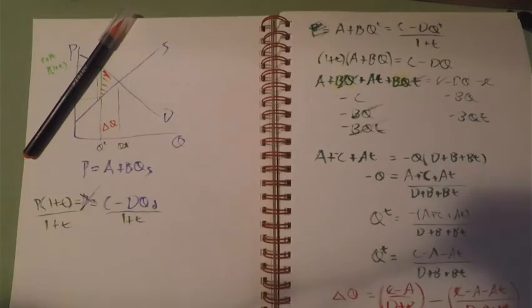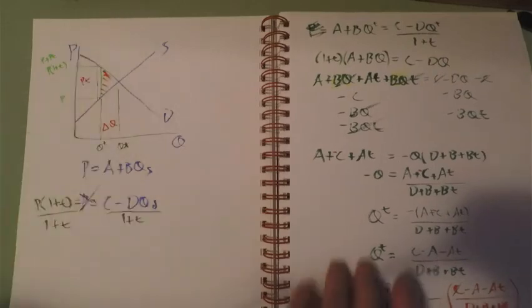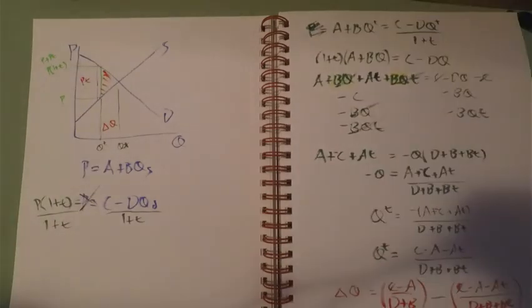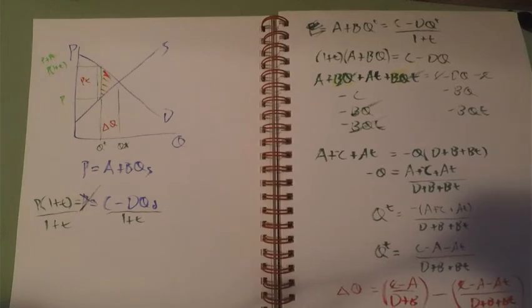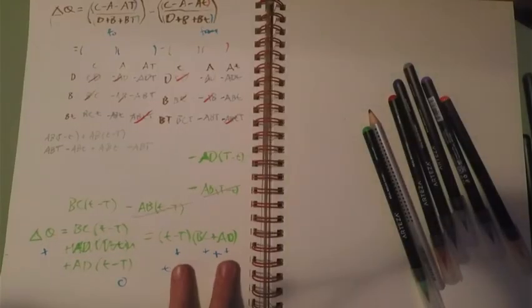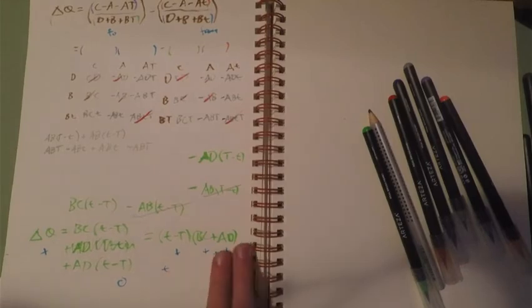So I feel like I'm repeating myself. We found the change in Q, which is going to let us find the deadweight loss. And miraculously, that change in Q resolves into an even simpler function than what we've got here. Turns into this really nice, tidy two things to multiply, the change in taxes and this particular term.